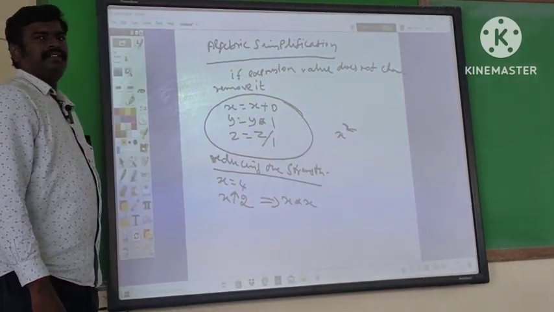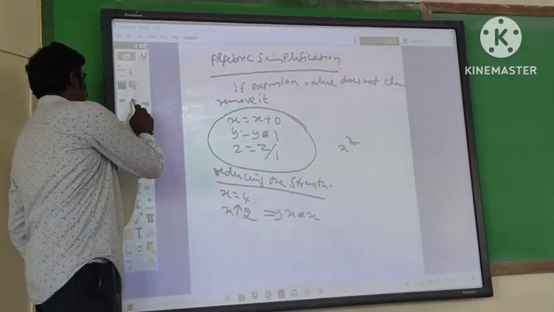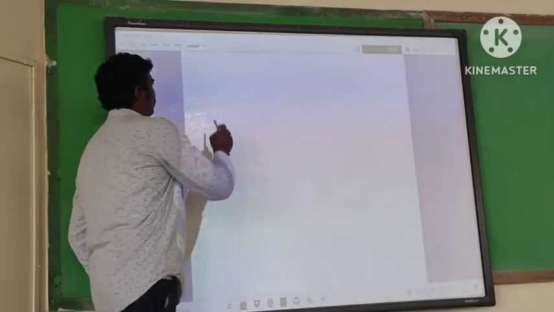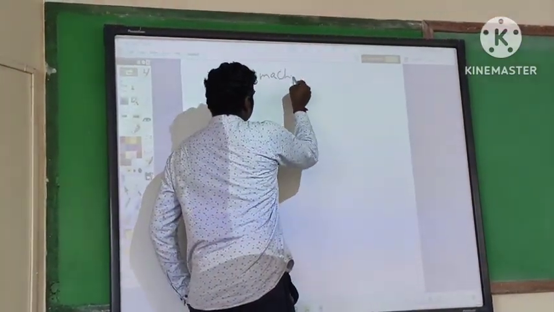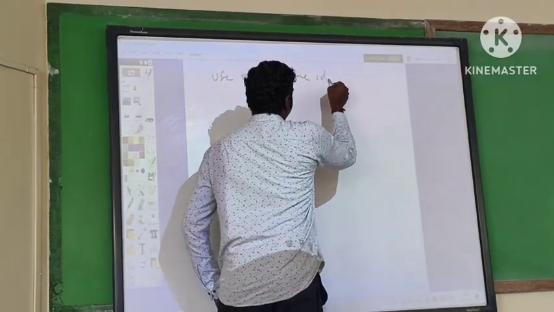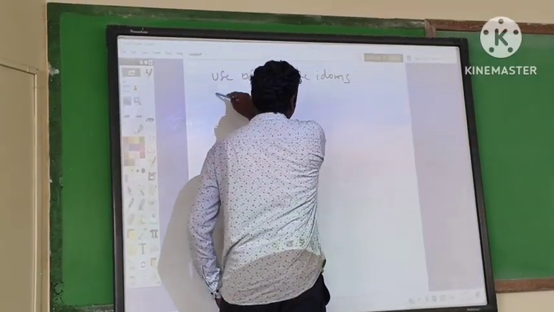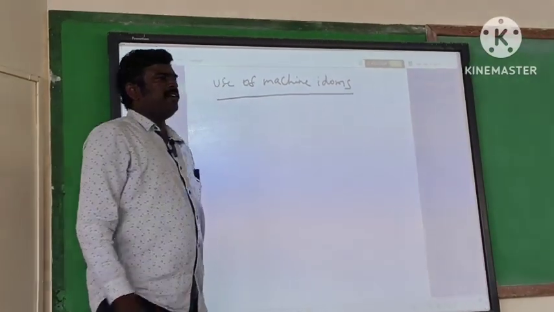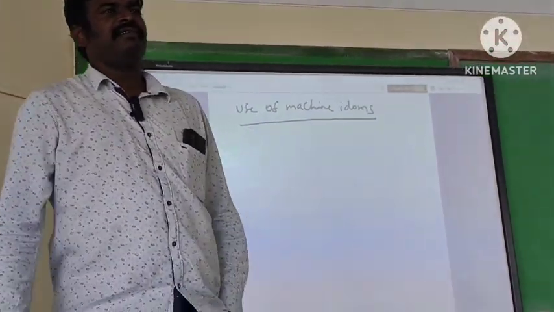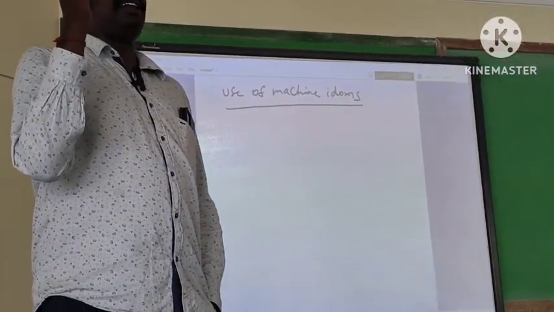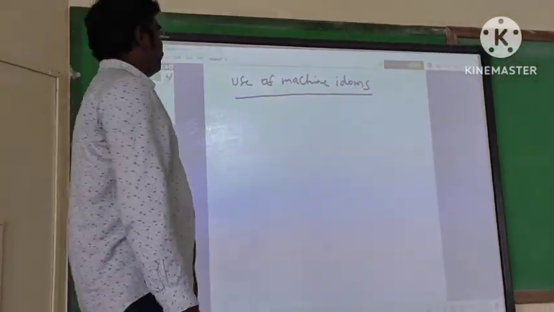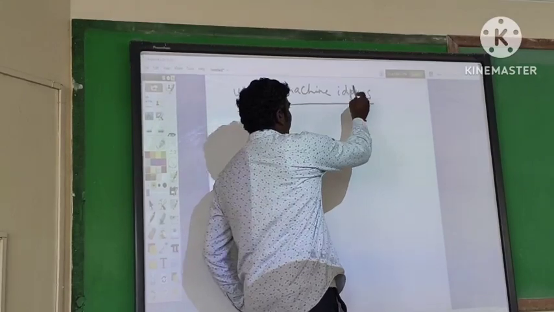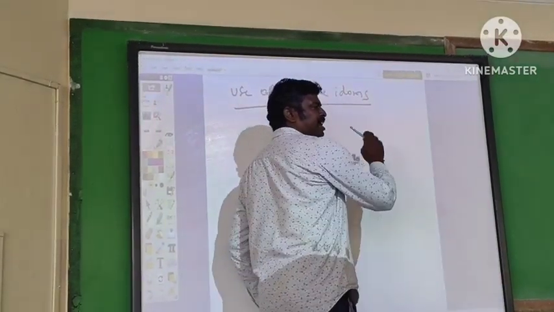Clear? The last one is called use of machine idioms. Okay, again that is a jargon. It is part of idioms and phrases. What is meant by idioms? It means replacing by machine code, replacing by a short form.